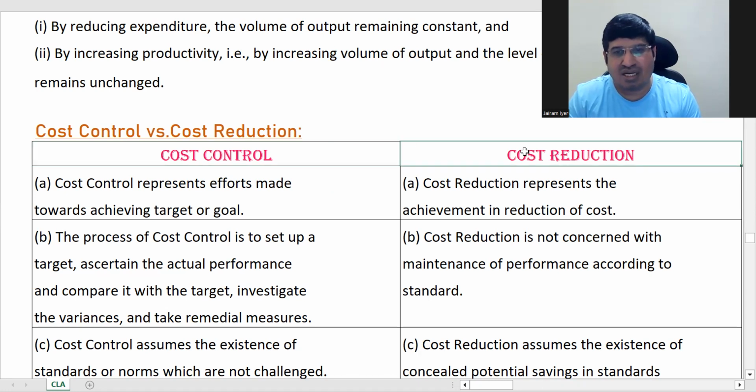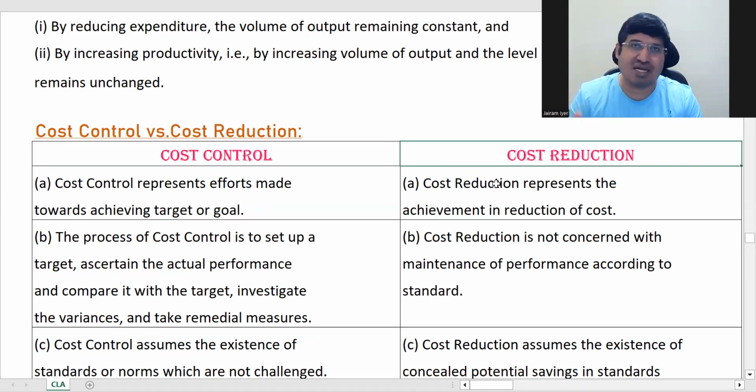Cost reduction can have further reduction than what is seen by cost control. Cost control can reduce even standards, but it might not be giving the best possible figure. Reduction gives the best possible figure, the lowest amount of cost.